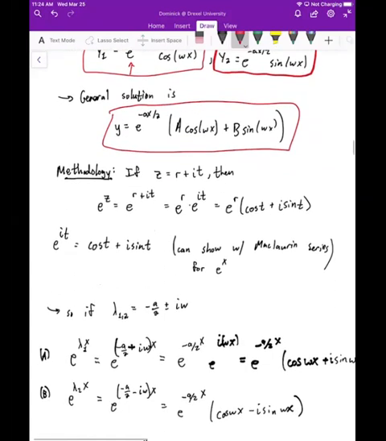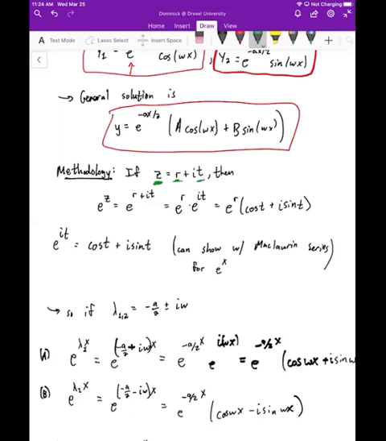Now, I want to show you why this happens. And again, if you've never had a complex analysis class, this may take a little bit of time to digest, but it's still not that difficult. So we're going to assume that z is a complex variable, meaning that it's made up of a real part r and an imaginary part t.